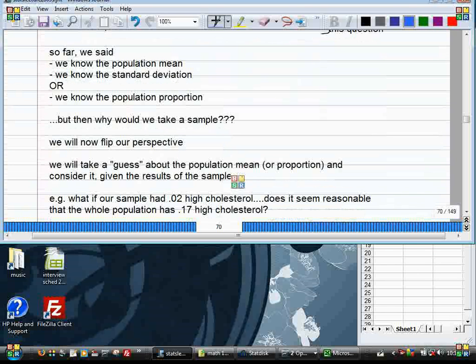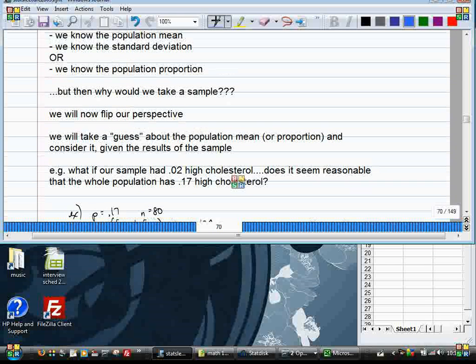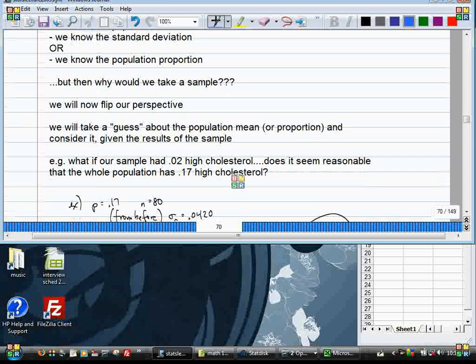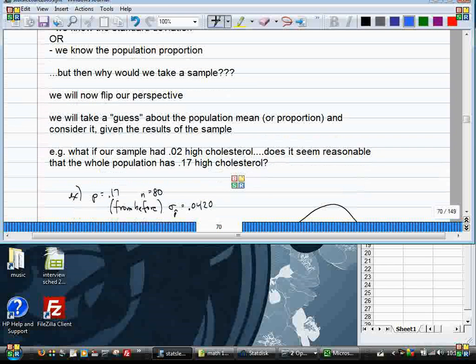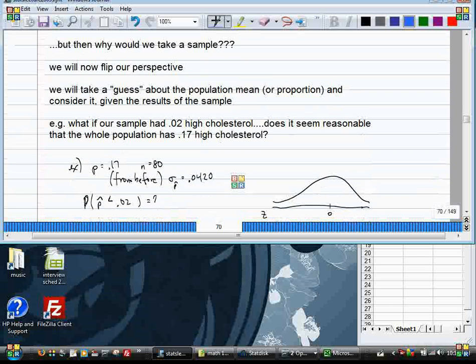In fact, we know how to do this calculation. So, p equals 0.17, n equals 80 and sigma p hat is 0.0420. This is all from before. So, what's the probability that p hat from my sample is less than 0.02? Let's do this calculation. How do we do this?